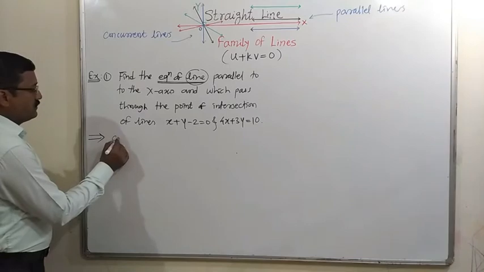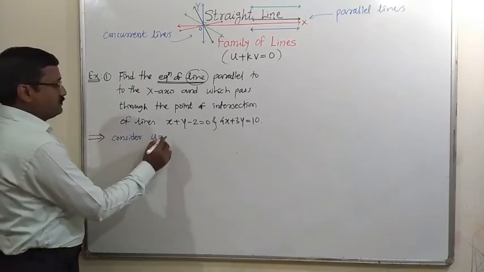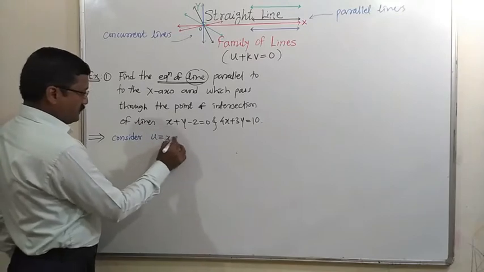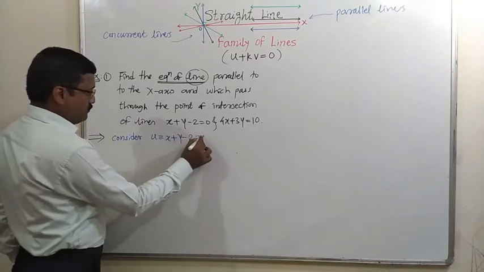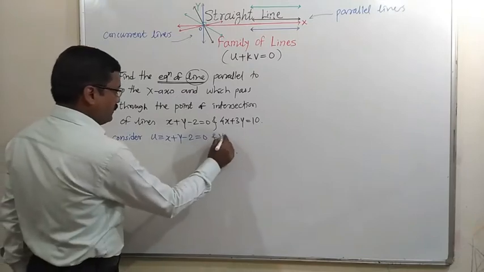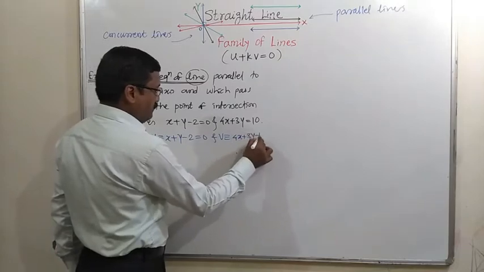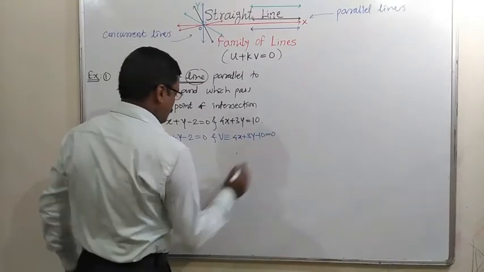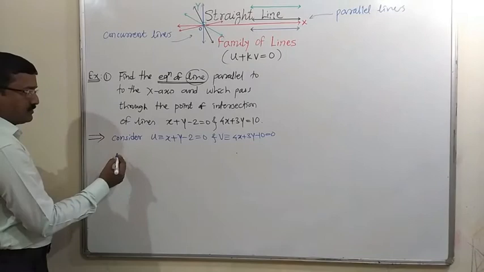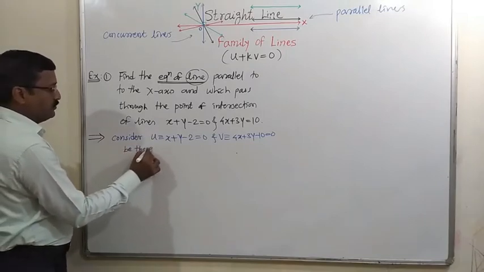So consider u equal to this, that is x plus y minus 2 equal to 0 is our first line, and v is 4x plus 3y minus 10 equal to 0. Consider u equal to 0 and v equal to 0 be the given two lines.